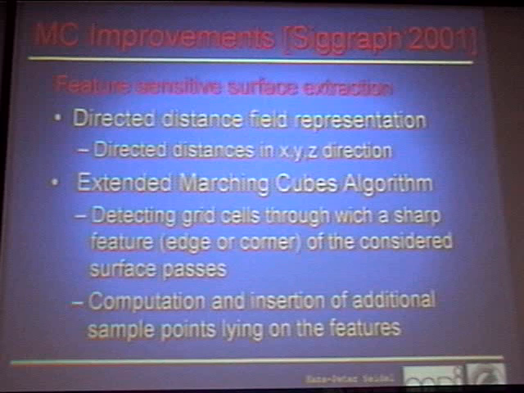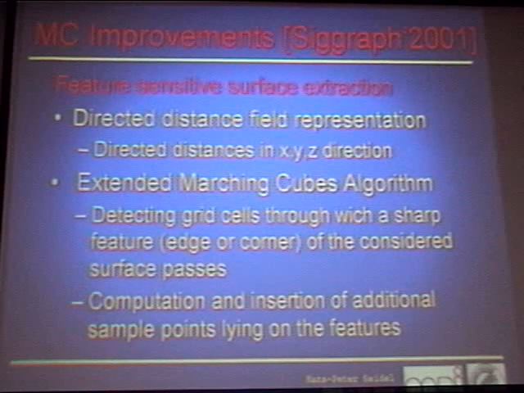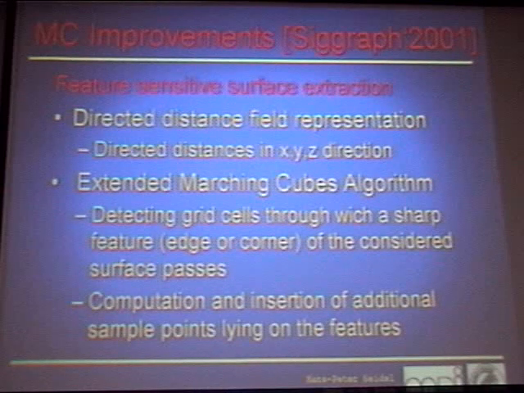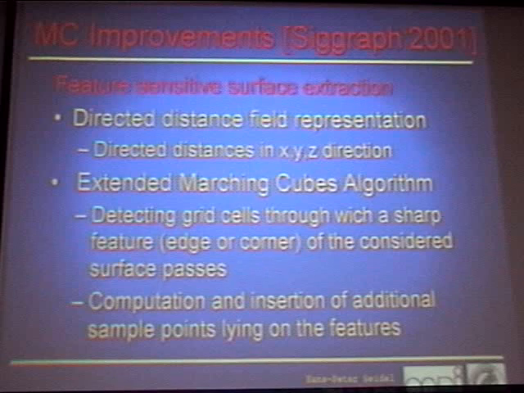by proposing two additions to the marching cubes algorithm. One is a change in the representation. The standard algorithm is basically coordinate dependent, so it works along the coordinate axes. And so we advocate storing the distance field not as a single scalar quantity, but along the x, y, and z directions. And then we enhance the algorithm by taking into account first-order derivative information.